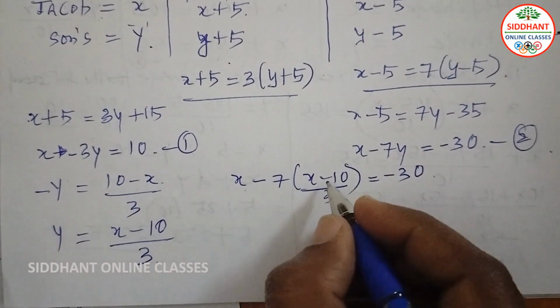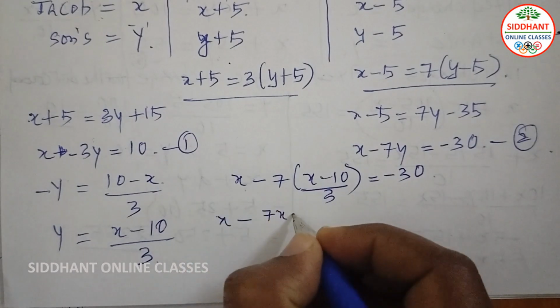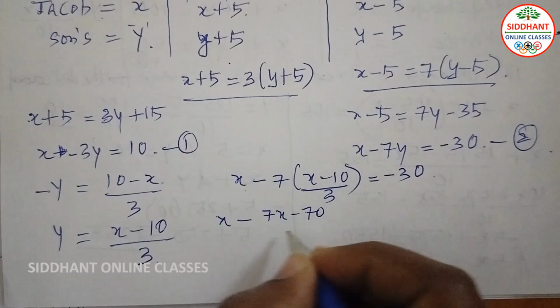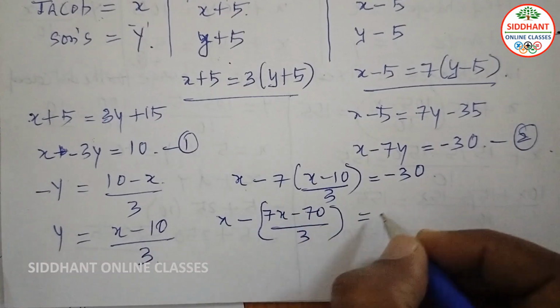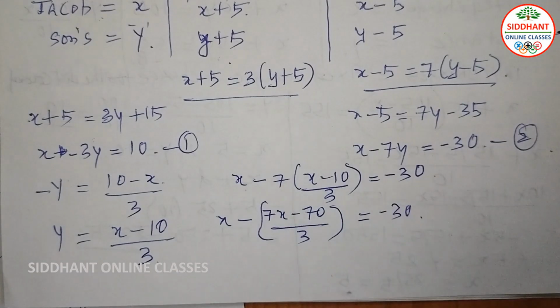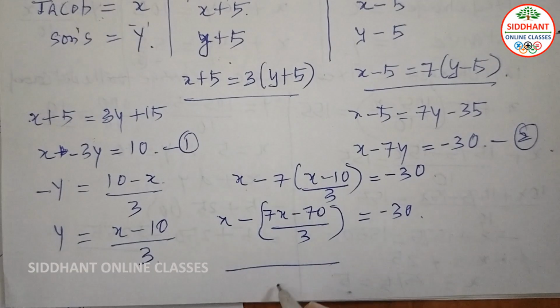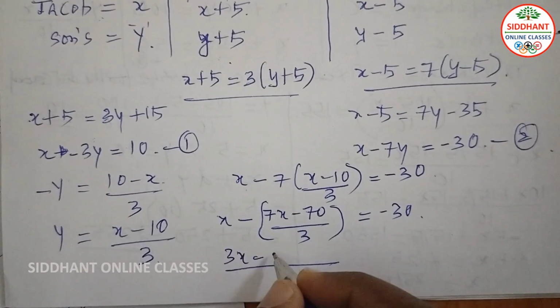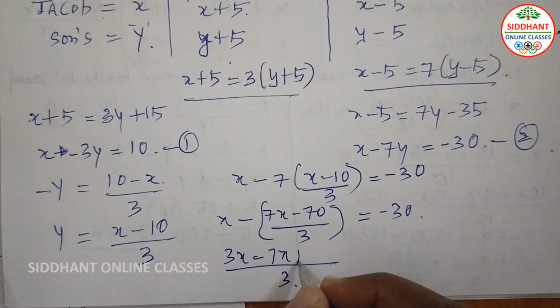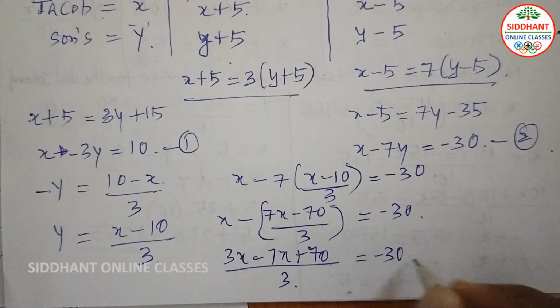So now x minus 7x minus 70 by 3, that equal to minus 30 here. So now taking LCM, 3x minus 7x plus 70, that equal to minus 30 into 3 here.